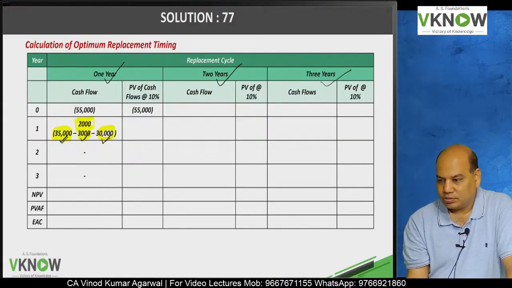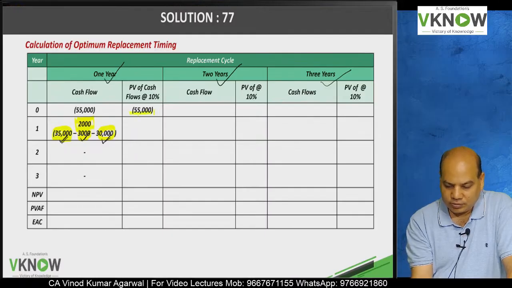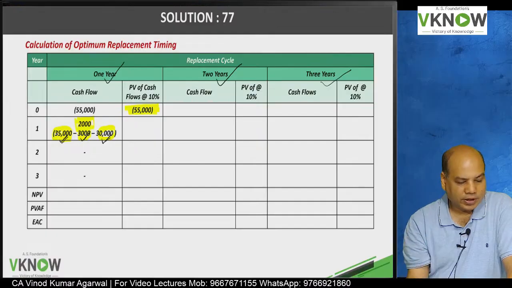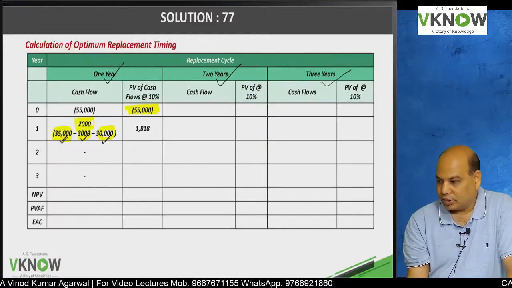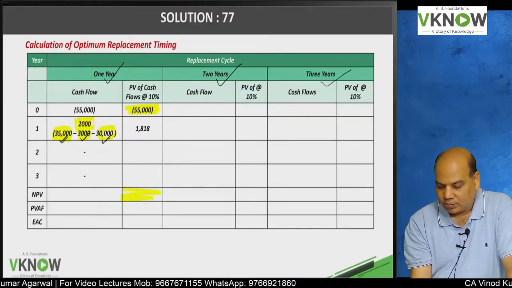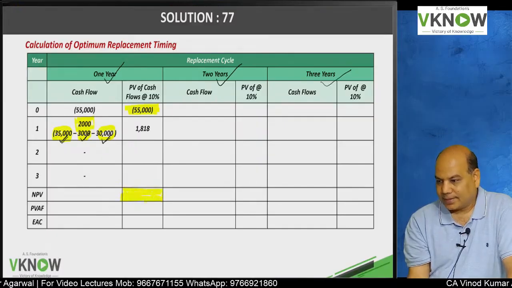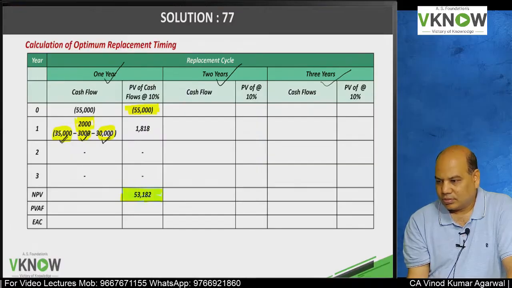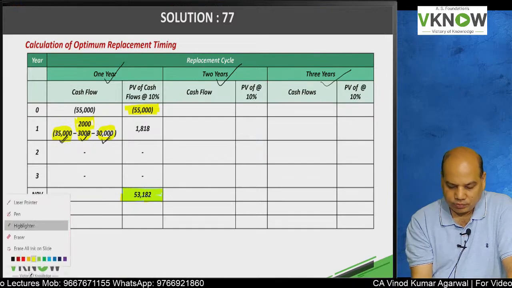Compute present value. 55,000. 2,000 divided by 1.10 is 1818. Please take the total and you will get NPV, which is negative 53,182.